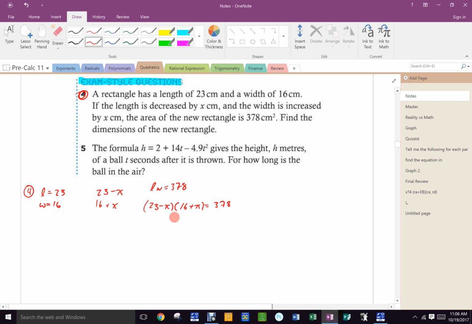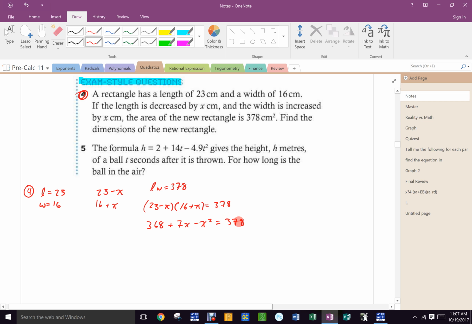Foil it out, and it's big numbers. I need my calculator because I can't do 23 times 16 in my head. So 368 plus 7x minus x squared equals 378, yeah? Then move everything.